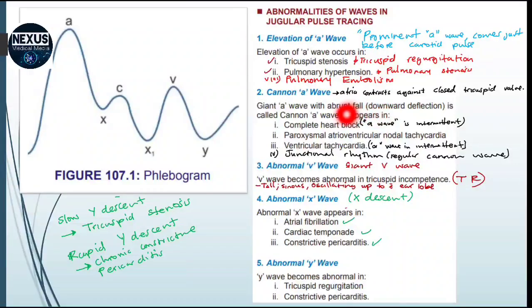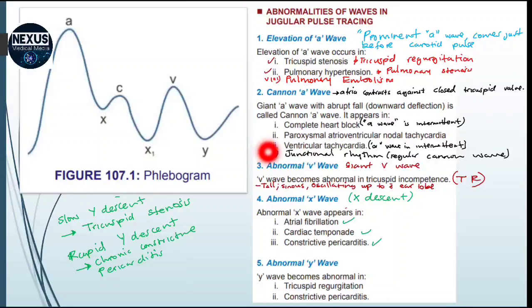So it will be a giant A wave or cannon wave, right? Complete heart block, right? Also happens in paroxysmal atrioventricular nodal tachycardia, in ventricular tachycardia, and junctional rhythm. So it's called regular cannon A wave when it's happening here.